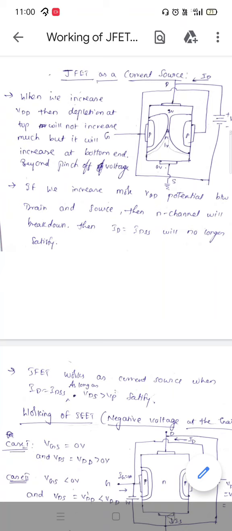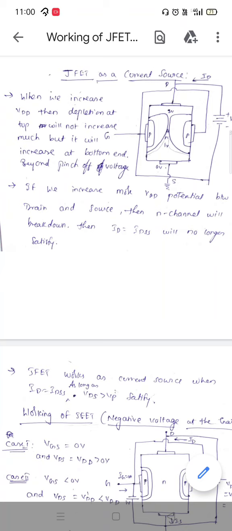I have written a small wrong statement here, so please make a correction. When we increase the VDD, the depletion at the top will not increase much beyond the pinch off voltage.